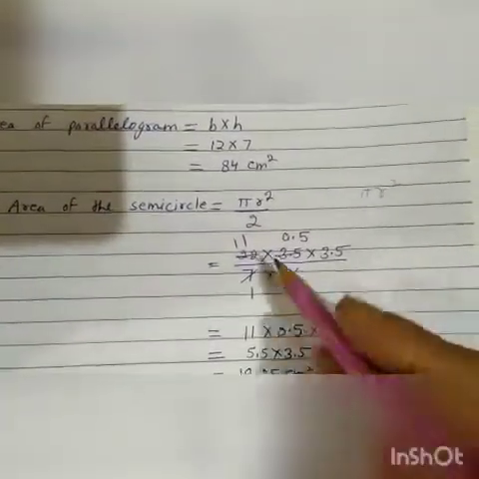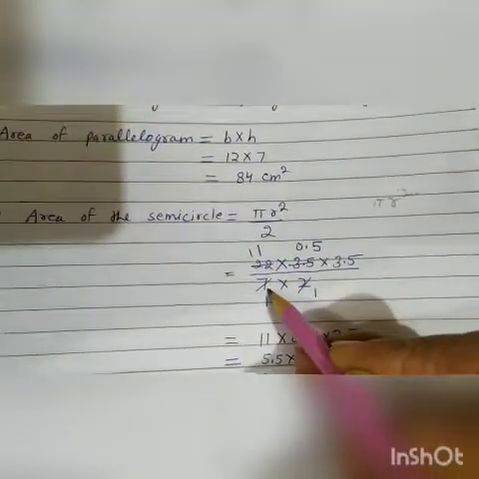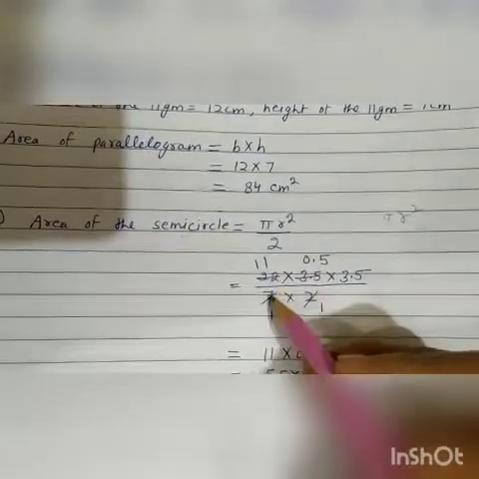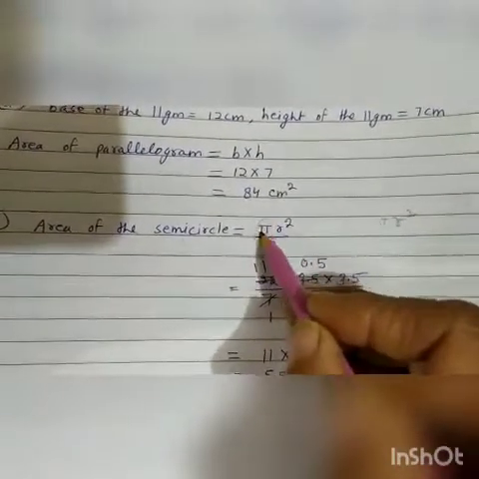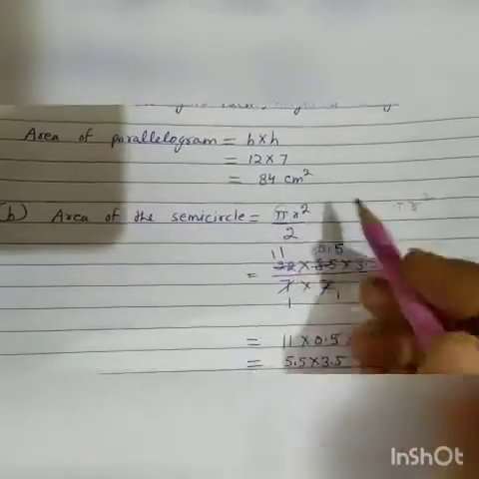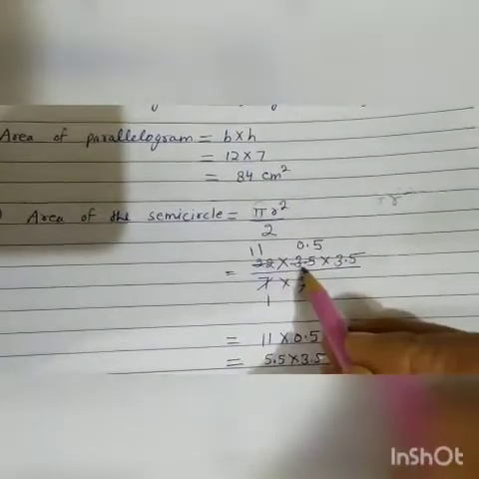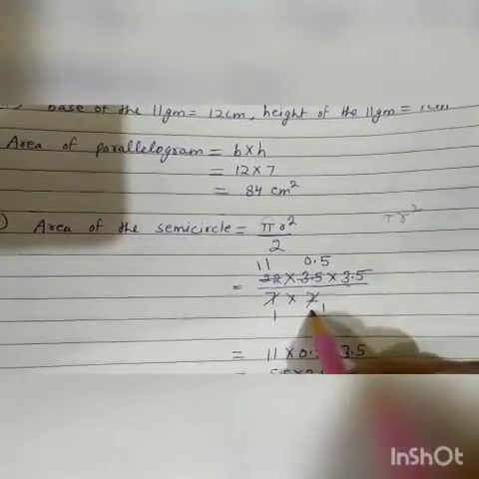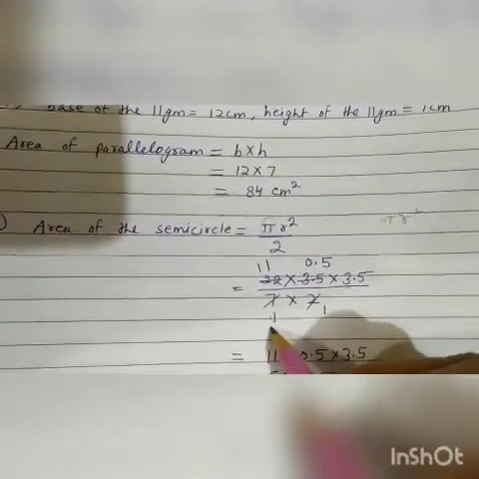Value of pi is 22/7. This is the fixed value of pi. In place of this pi, we will write 22/7. R is 3.5 centimeters. So r square is 3.5 into 3.5 upon this 2. Now simplify it. 7 into 1 is 7.